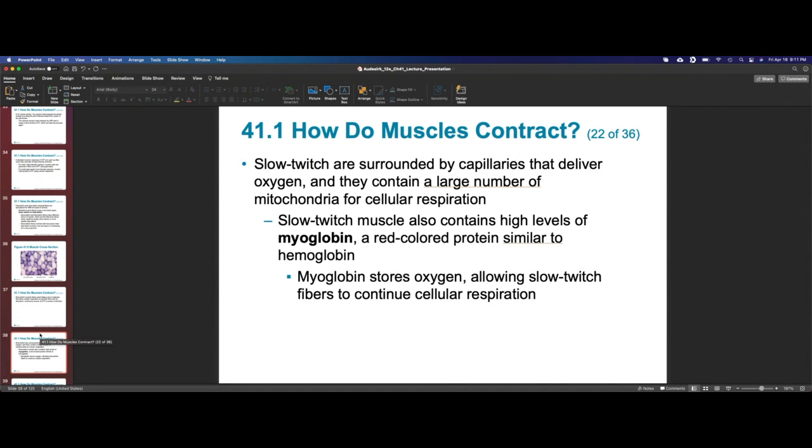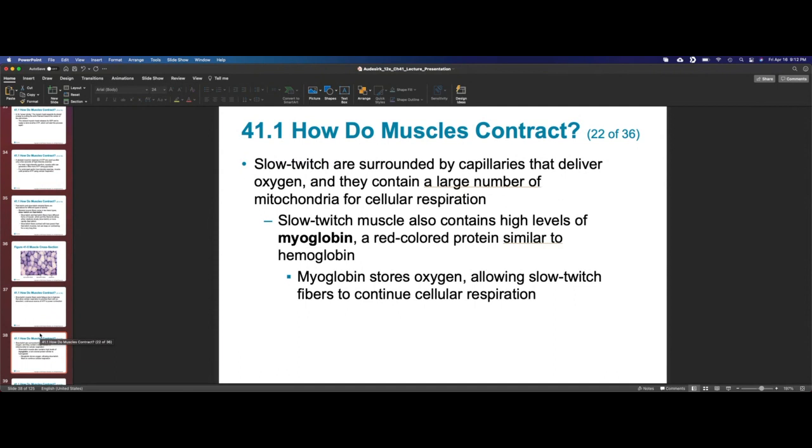So you're going to have glycolysis, the tricarboxylic acid cycle, then the electron transport chain and chemiosmosis. So typically the full cellular respiration, trying to extract as much energy as possible, involving the specialized energy producing organelle, the mitochondria, is all going to happen with the slow twitch muscle fibers.